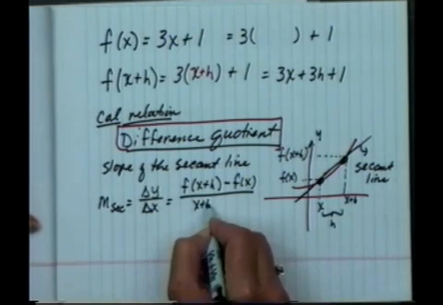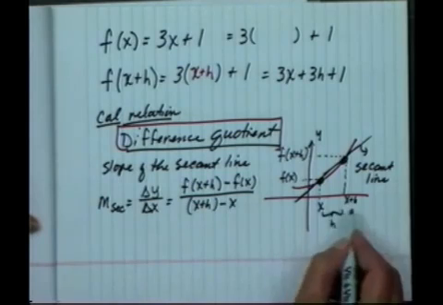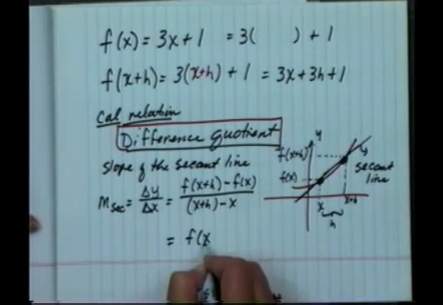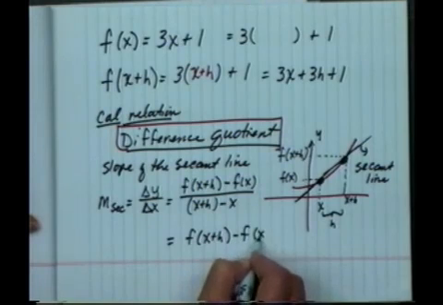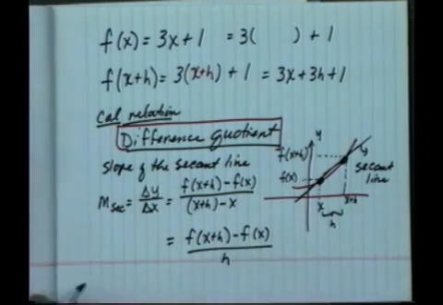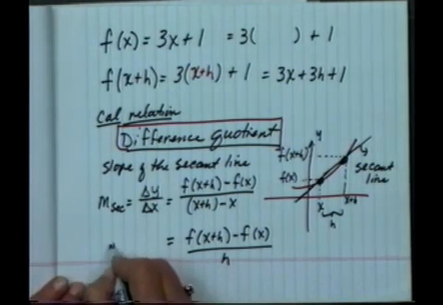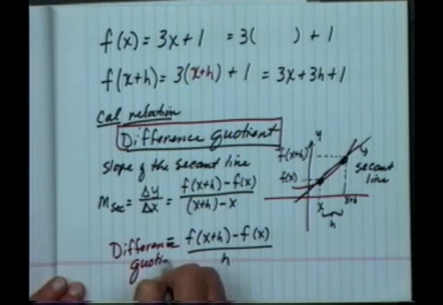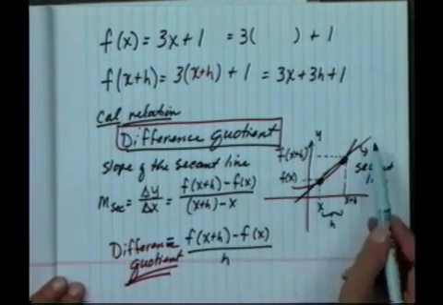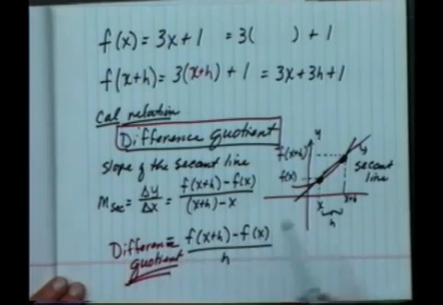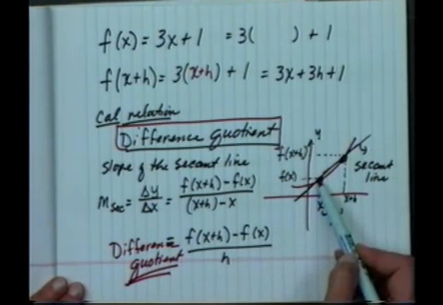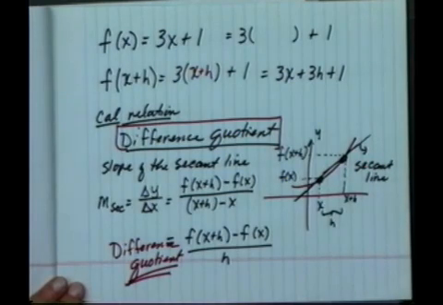So you have x plus h minus x. You'll notice those x's cancel out, and you have f of x plus h minus f of x over h. And this is the difference quotient. The difference quotient is no more than a formula for finding the slope of a secant line from wherever you start at x and moving over to the next point. It's going to give you a general formula for finding the slope, okay?